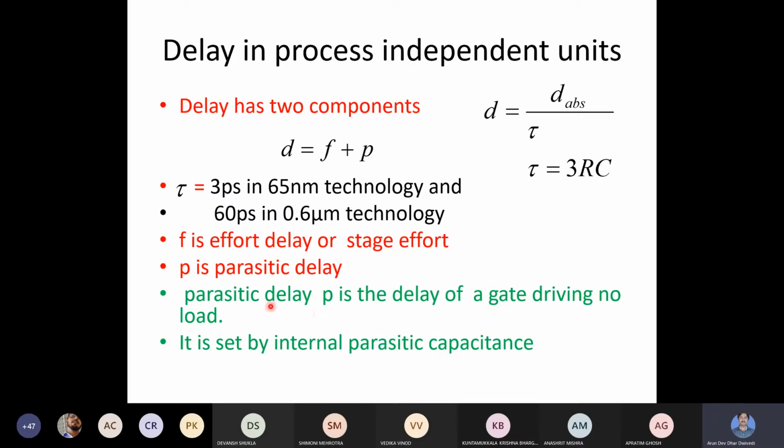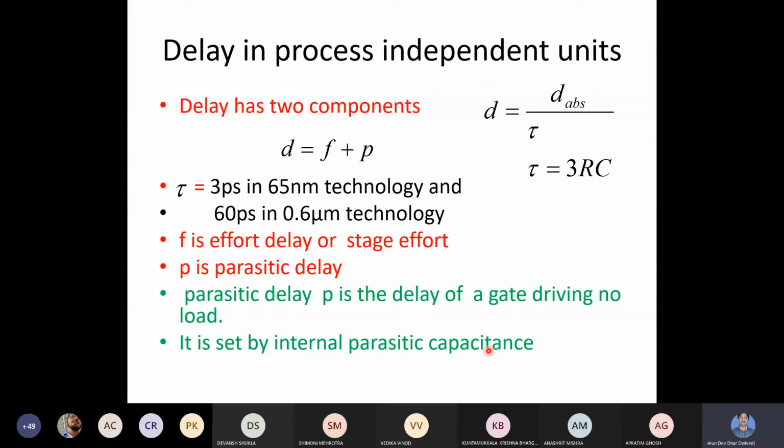In that case, the parasitic delay comes due to the internal capacitances of the transistors in that circuit, and there is no external loading capacitance or interconnect capacitance. So parasitic delay P is the delay of the gate driving no load, and it is set by internal parasitic capacitances of the transistors in that gate.